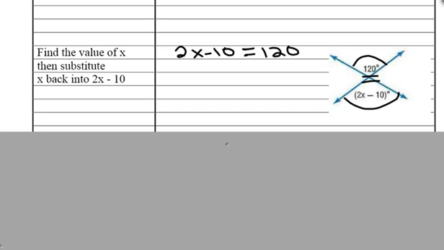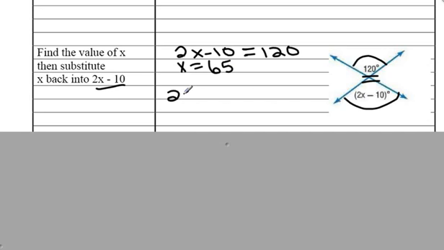So I would like for you to take a second to solve the equation for x. Pause the video and see if you get what I get. If you didn't get 65, go ahead and raise your hand and let me know. After we've solved for x and we got 65, let's go ahead and substitute our x back into the expression 2x minus 10.